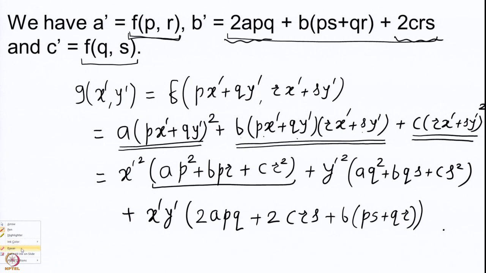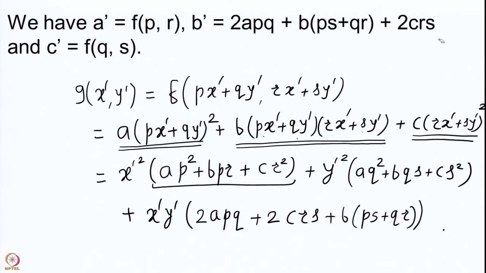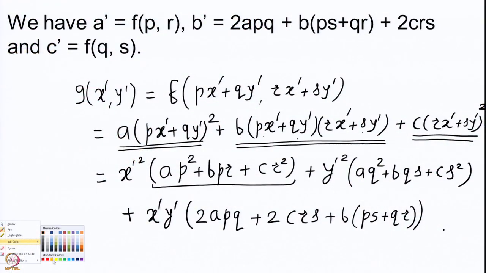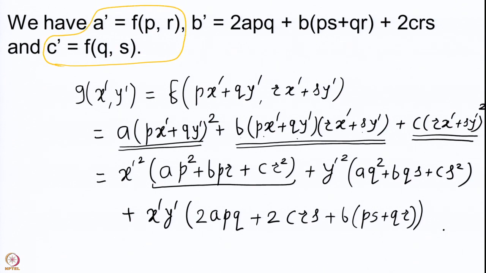What we have done is to obtain the description for the coefficients of the equivalent form in terms of the earlier coefficients and the integers involved in the change of variables. The only important thing you should remember here is these things.